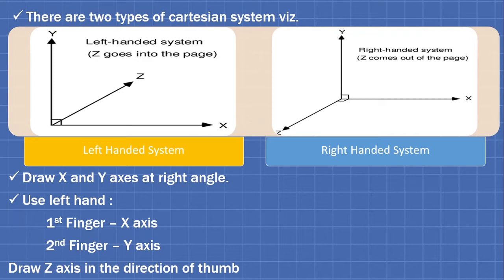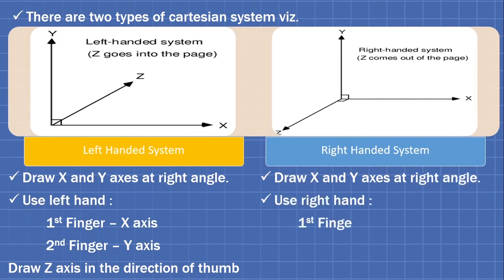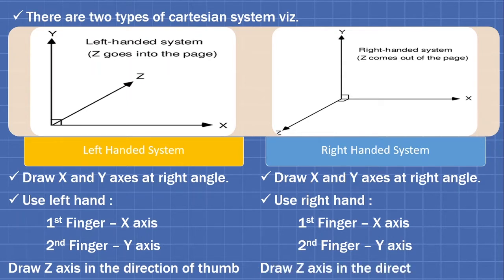So how can we draw a right-handed Cartesian coordinate system? Again, the first two steps will be the same: we will draw the x and y axes at a right angle. Then we will indicate the x-axis with the index finger of the right hand, the y-axis with the middle finger of the right hand, and whatever direction our right-hand thumb is indicating will be the direction of the z-axis.